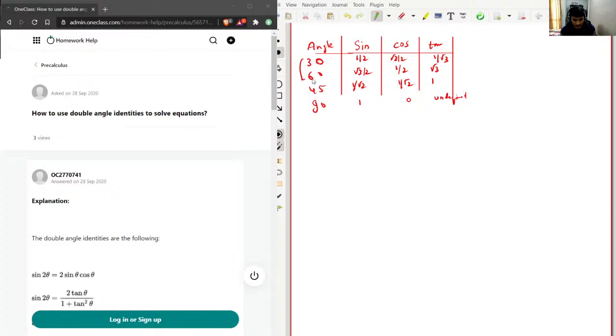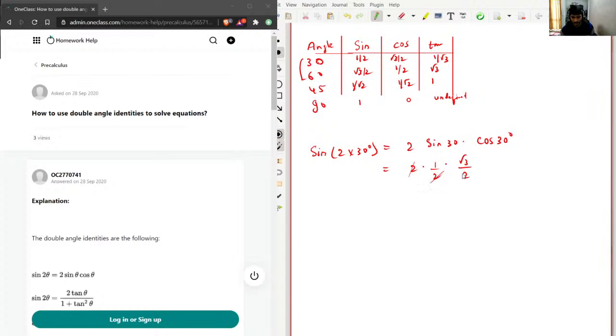So we'll first start with 30 and 60. Suppose I know the value of sine 30 and I want to calculate it for 2 theta, which is 60 degrees. I'll use sine of 2 times 30, which is 2 times sine 30 times cosine 30, which is 2 times 1 over 2 times root 3 over 2.